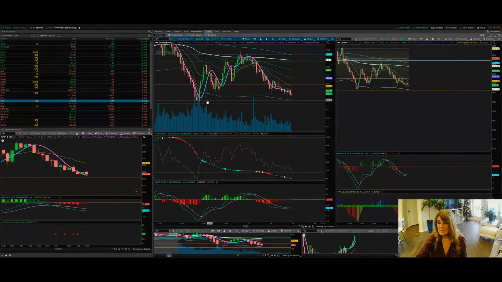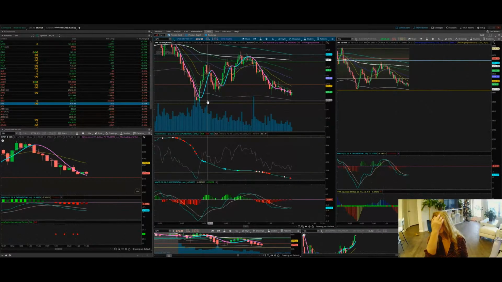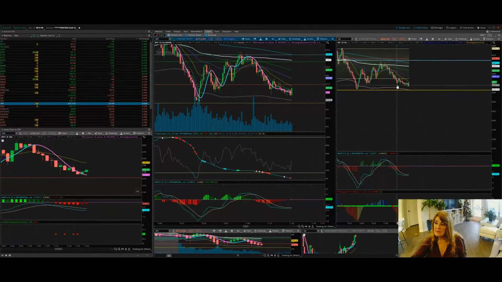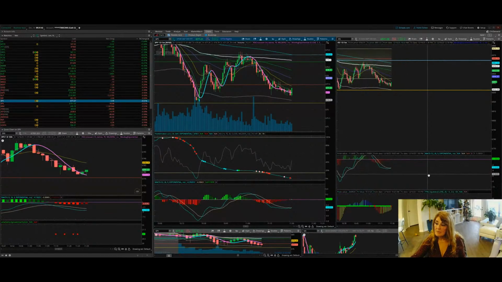We could be slowing down right here. Let's see what happens. All right, little pop. There we go. Let's see if we can get this to give us a little bit of a reversal.